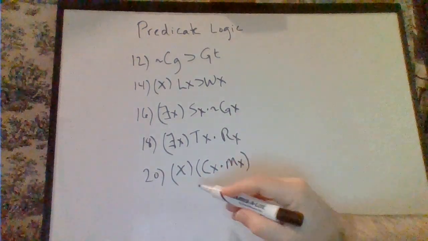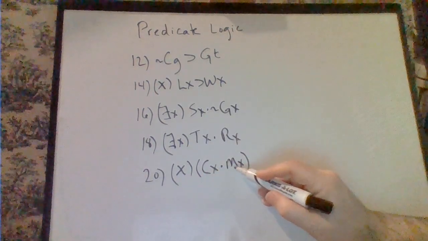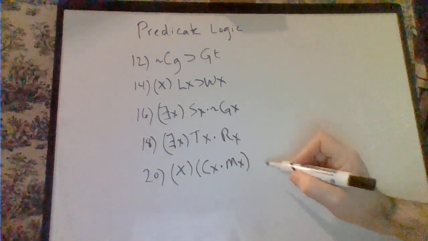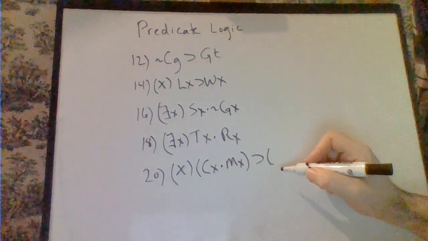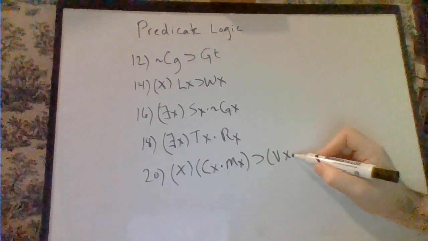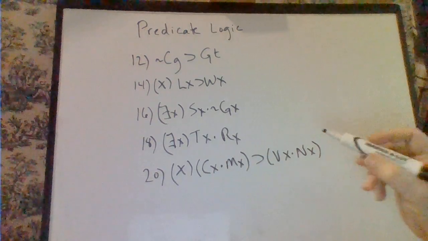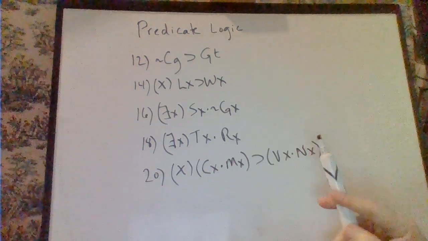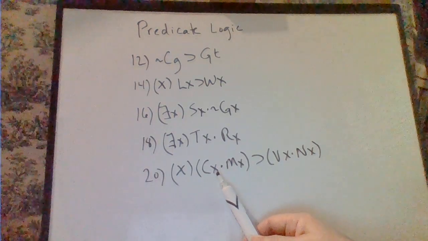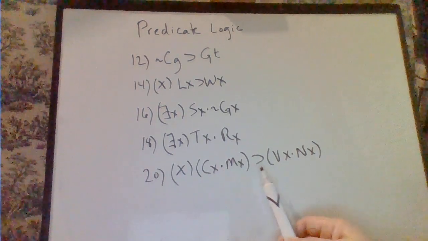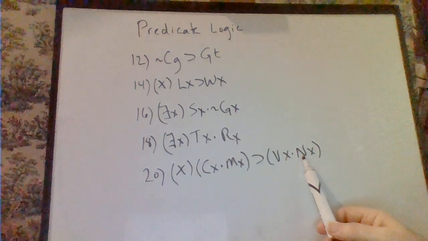Okay. So for every x, that x is caring and that x is a mother, then Vx and Nx. So for every x, if that x is caring and a mother, then that x is vigilant and nurturing.